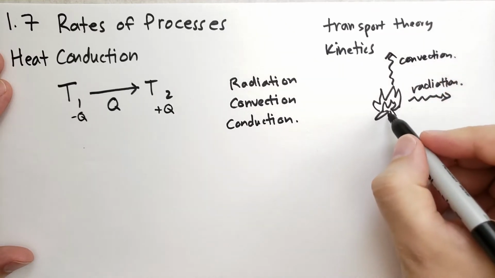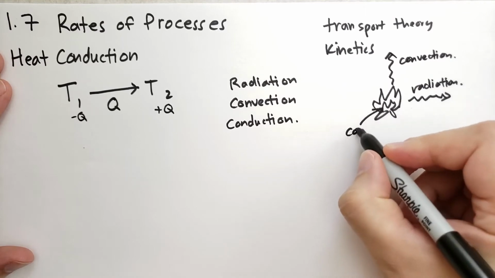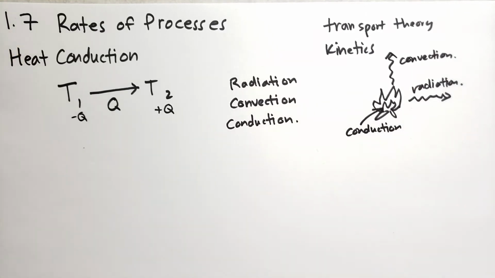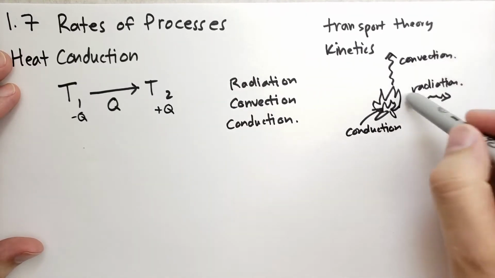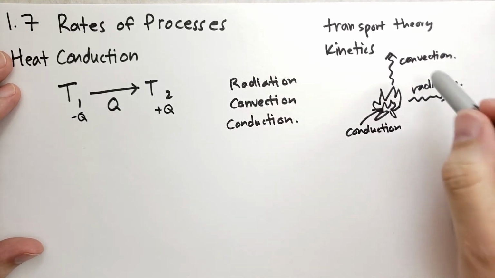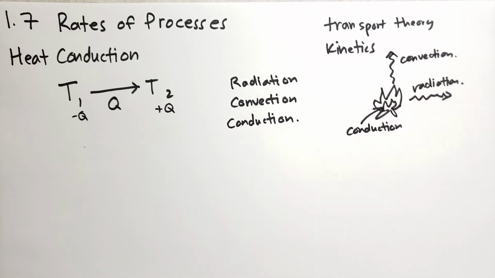And if you were to grab the hot coals, that would be conduction on the inside there. You can basically see the strength of these processes. Radiation is fairly weak. If you're standing near a fire, you feel the heat of it. But if you were to stand over the fire at the same distance, you would quickly be burnt to a crisp.